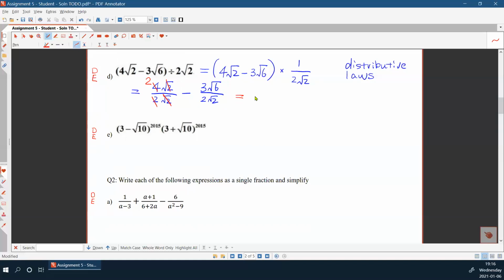So the final result is 2 minus 3 over 2 square root of 3, right? Because this equals, which is square root of 3, right? Okay, any questions?